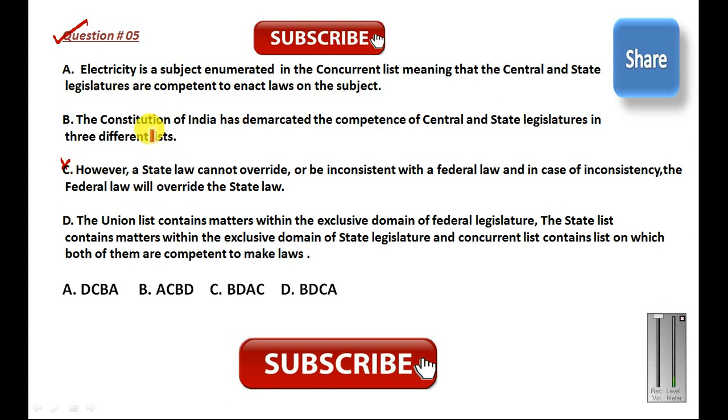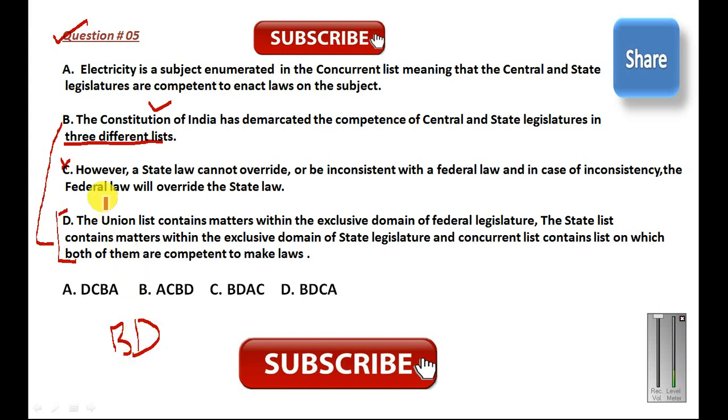The Constitution of India has demarcated the competence of central and state legislature in 3 different lists. Here we are talking about the 3 different lists, and here we are explaining those different lists. Okay, so this B will follow D. This is BD first. Okay, BD will be your first mandatory pair.